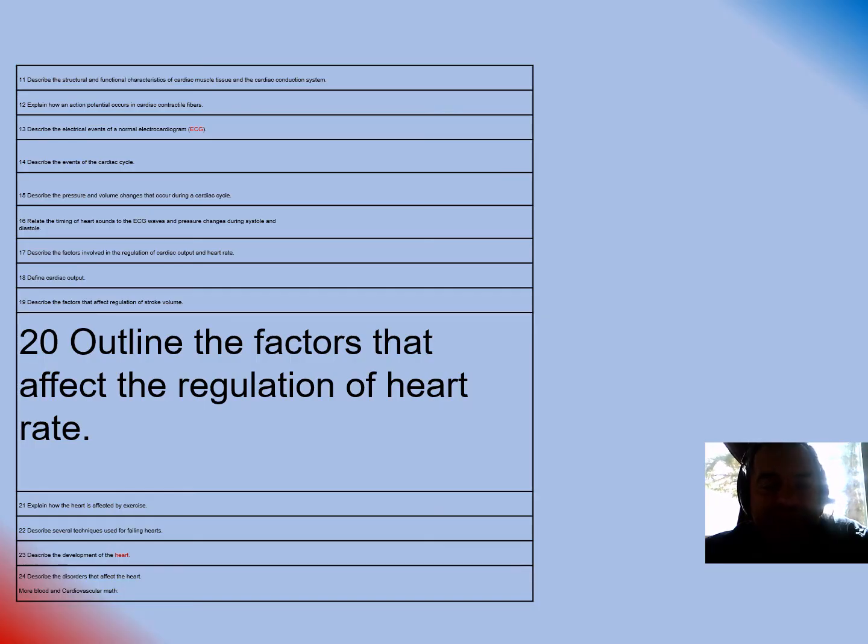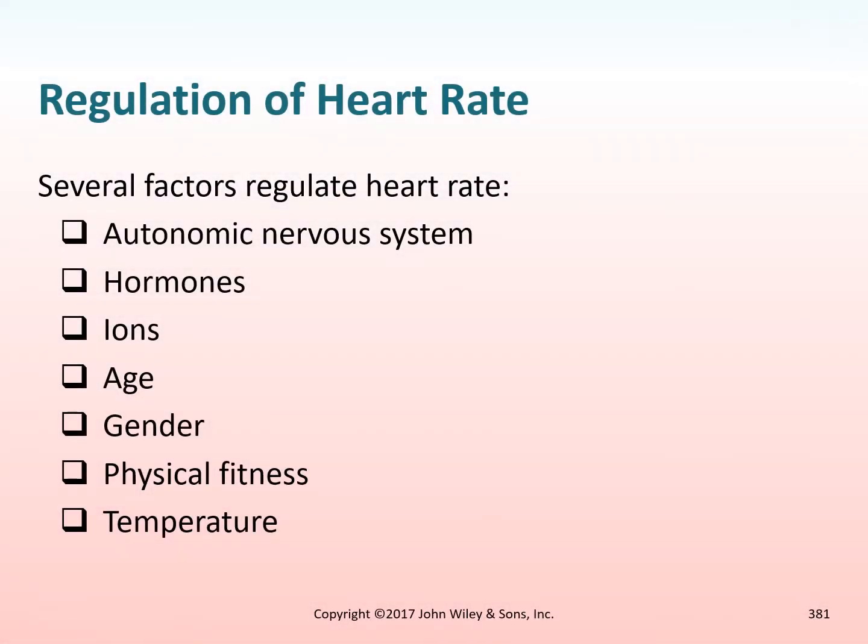Outline the factors that affect the regulation of heart rate. All these factors can help regulate heart rate. You can look at this from the chemical to the societal level. Some marathon runners have a heart rate below 50, like 48 at rest, maybe even 46.